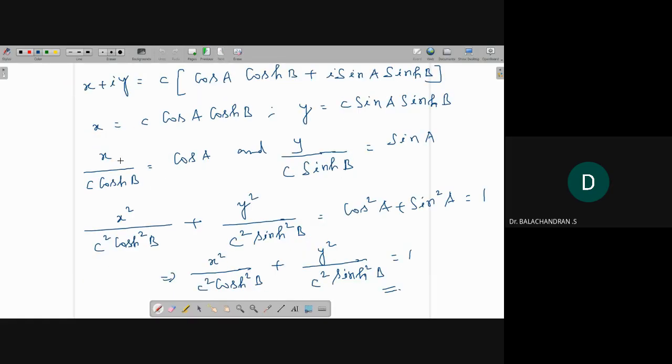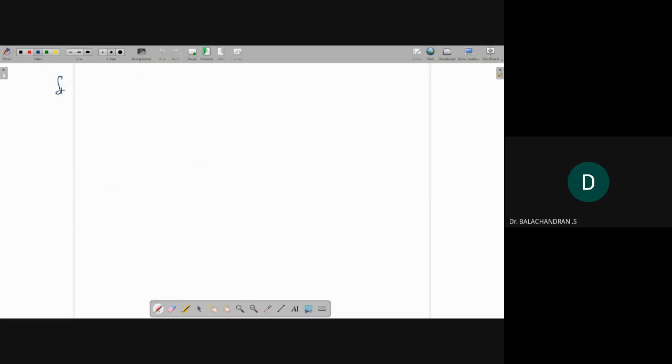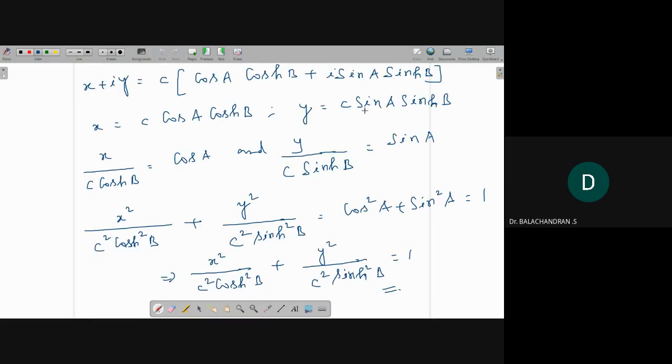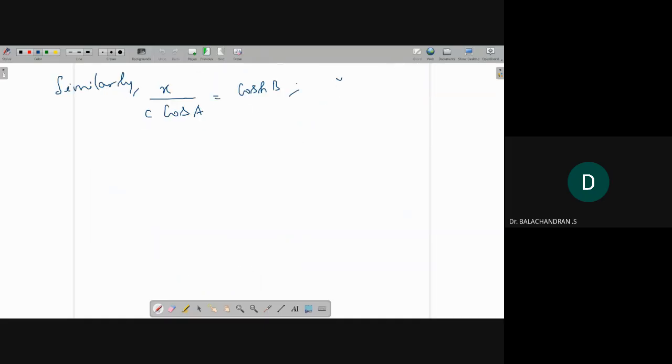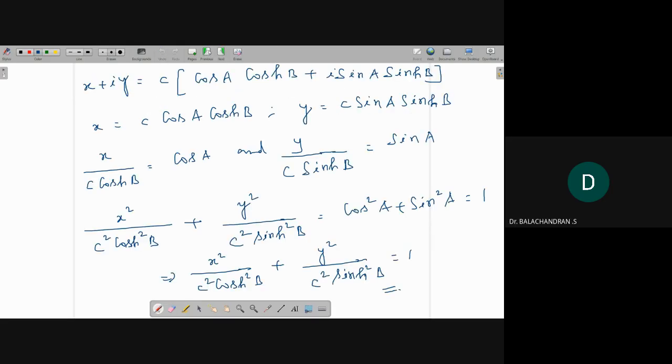So x by c into cos a equal to cos hb, and y by c sin a equal to sin hb.